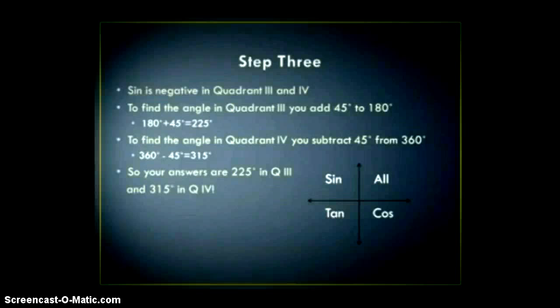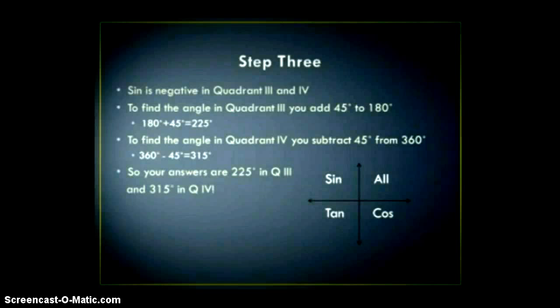Now, remembering back to all students take calculus, we can figure out that since we have a negative square root of 2 over 2, sine is negative in quadrants 3 and 4, so we know that's where our answers are going to be.